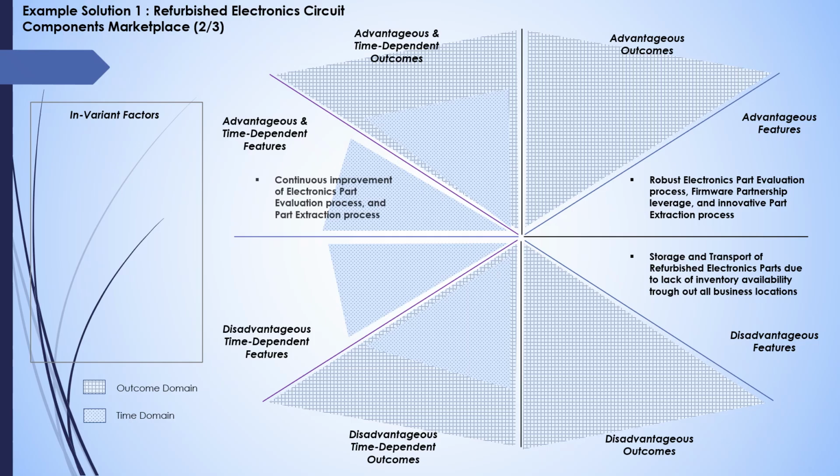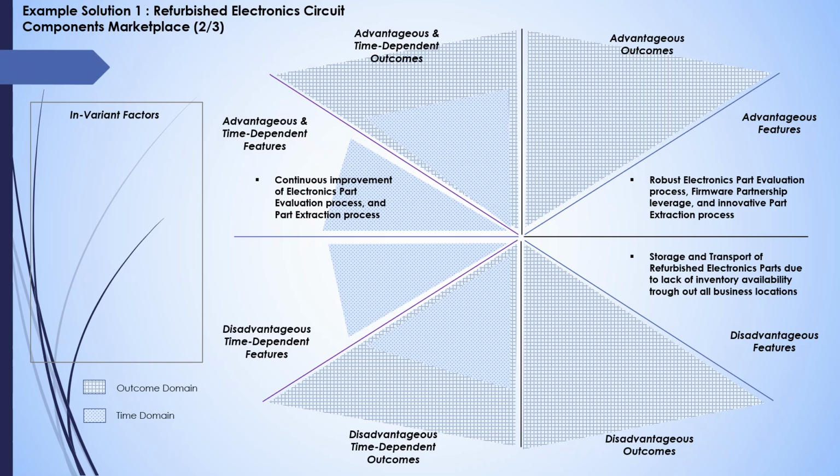Now let's bring time into the picture, starting with the time-linked advantageous features. Two processes are expected to improve naturally as the solution matures: the electronics part evaluation process and the part extraction process. Both of these are highly technical. They require deep subject matter expertise, the kind that builds gradually through experience, iteration, and learning.